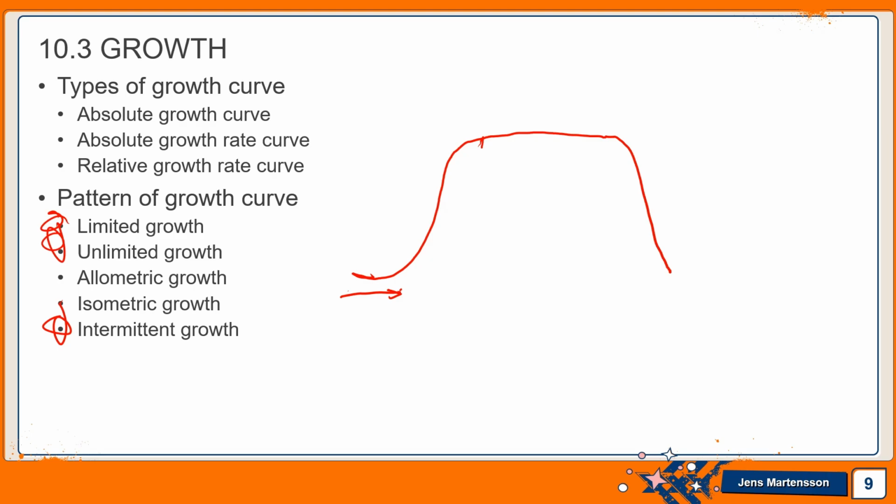Then you stop growing. You cannot grow anymore. This will be maintained until maybe 50 or 60 years old, then growth will decrease. This is limited growth.